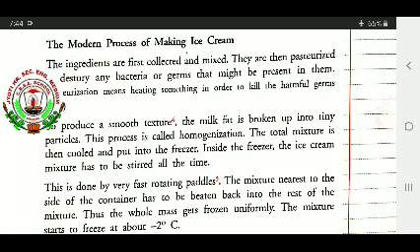The ice cream mixture stuck to the side of the container has to be beaten back into the rest of the mixture to get the whole amount of mixture frozen equally. Uniformly means equally. And it starts to freeze at about -2 degrees Celsius.